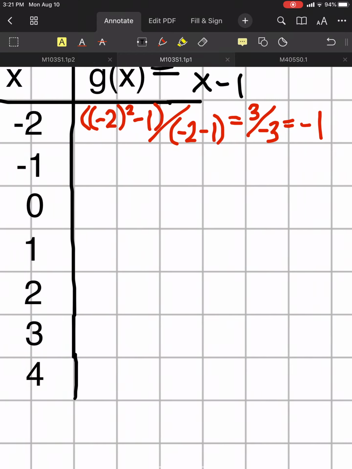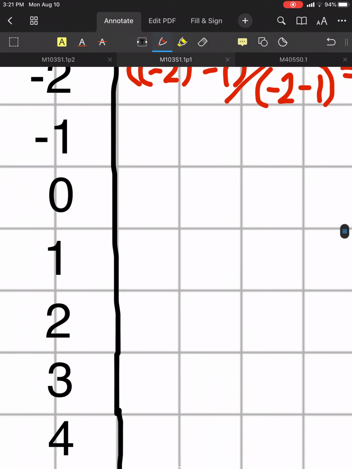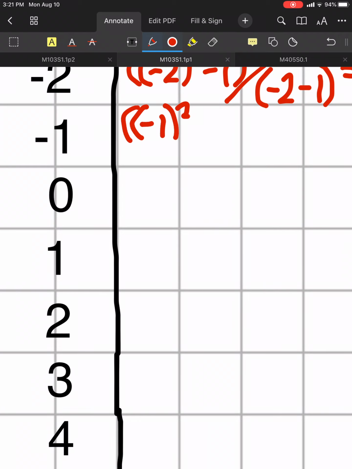Okay, so the next one I'm plugging in -1. So I get -1 squared minus 1 over -1 minus 1.